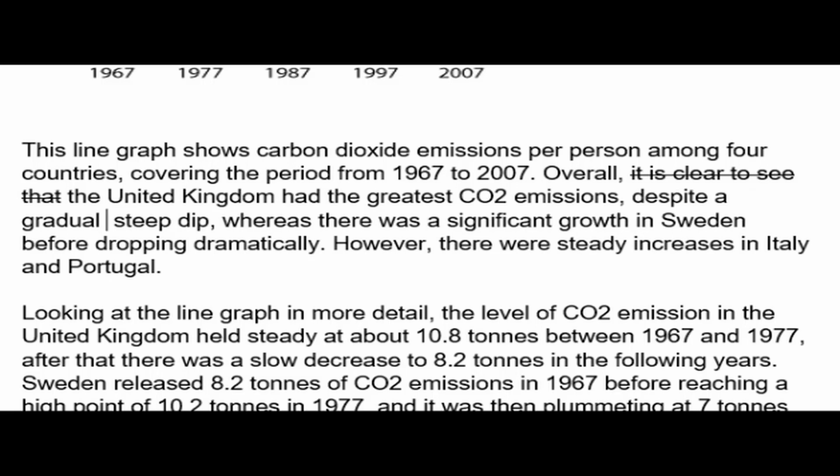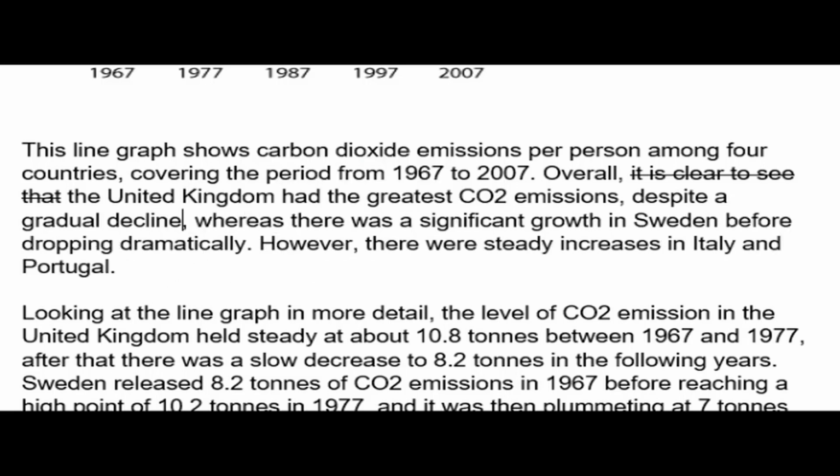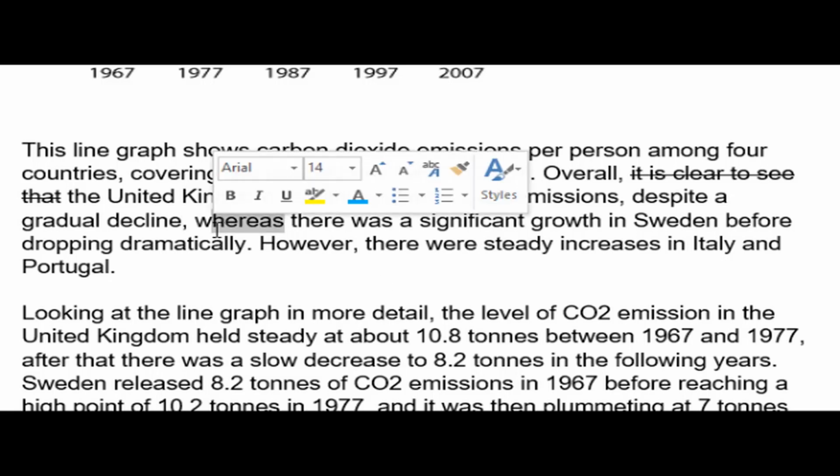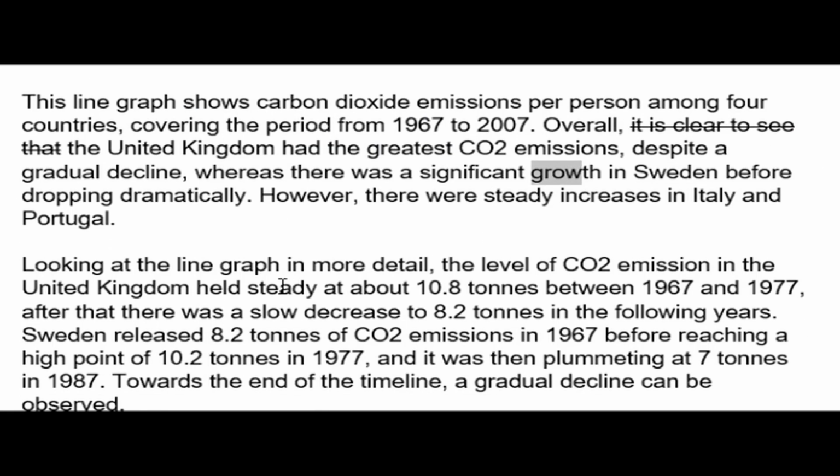I don't see any deep dips. Despite that decline, let's get rid of this. Okay, whereas. Now the whereas makes sense, because here we have a decline, here we have growth. Whereas there was a significant growth. I think for growth, let's drop the article. There was significant growth in Sweden.